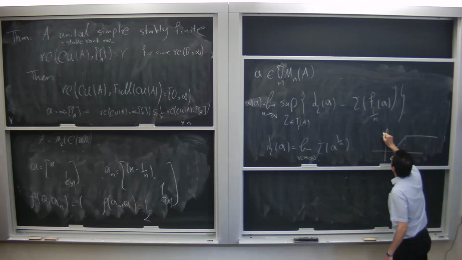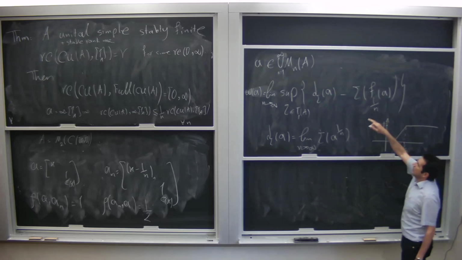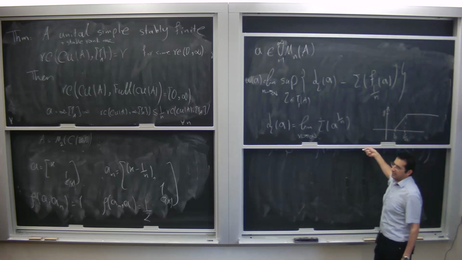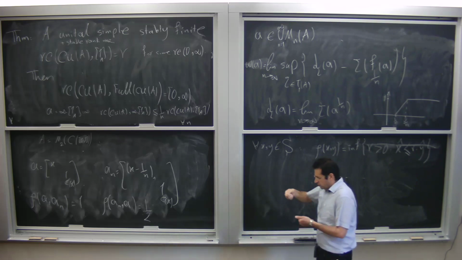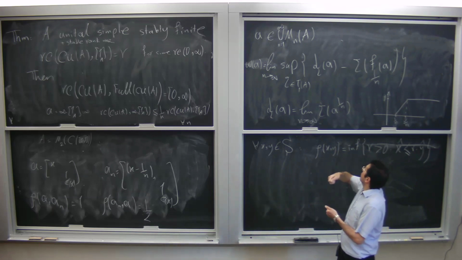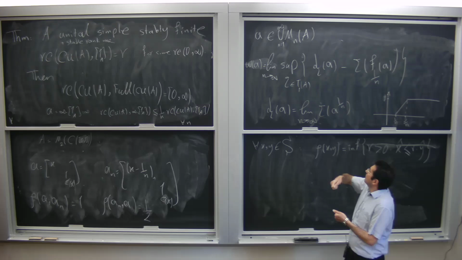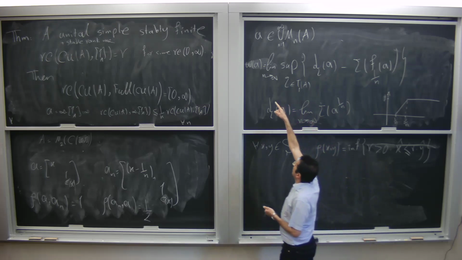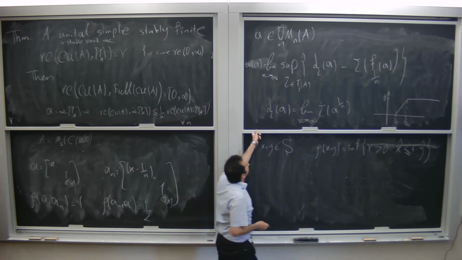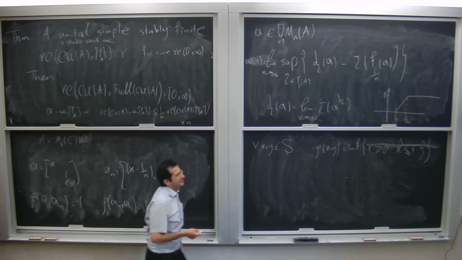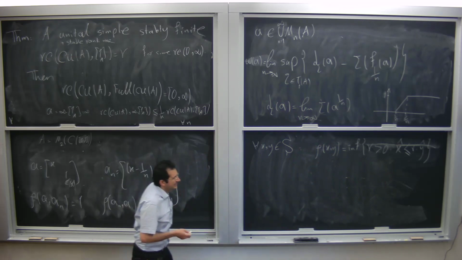So this is called the oscillation of an element. This oscillation gives you a jump in your rank function relative to a. You remember drawing this oscillation of an element in your paper?